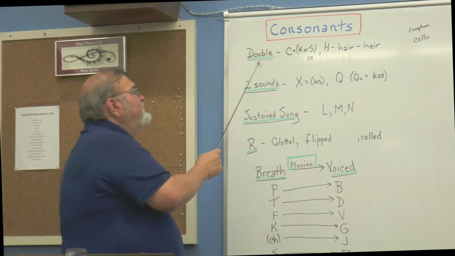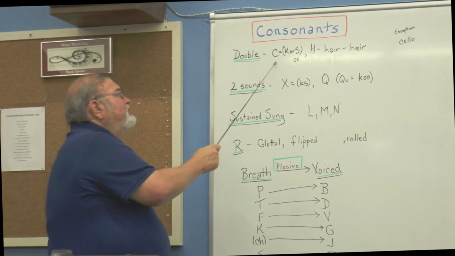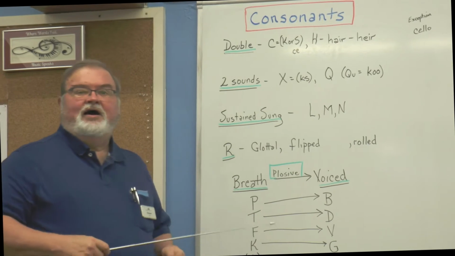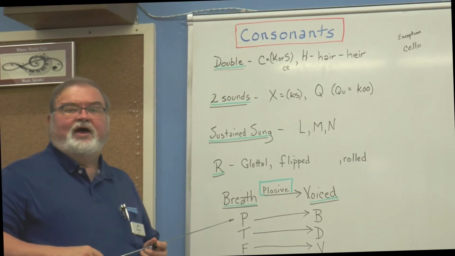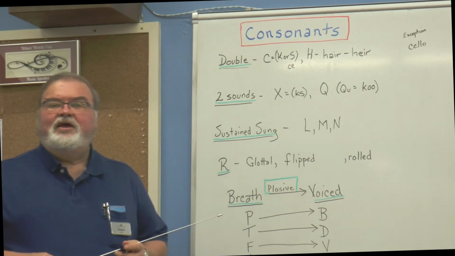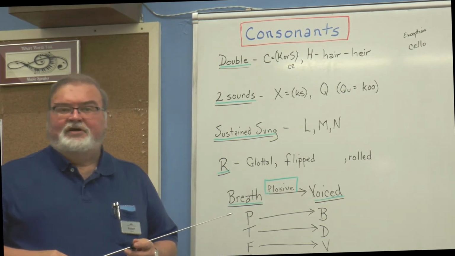I'd like to talk about the different kinds of consonants we've got and deal with every one of them. First of all, we have double consonants. Those are consonants that are used two ways, like a C. A C can be a K sound or an S sound. C-A-N is can, C-E-N-T is cent.